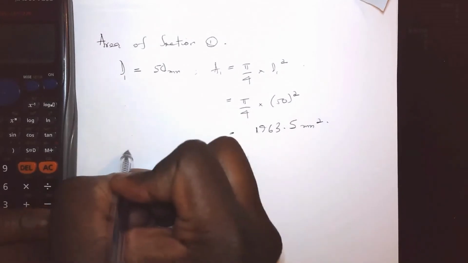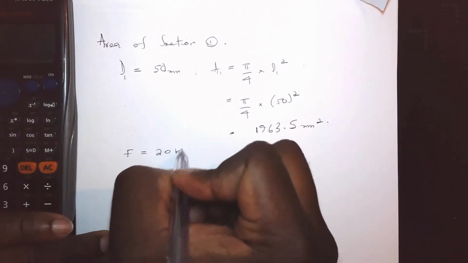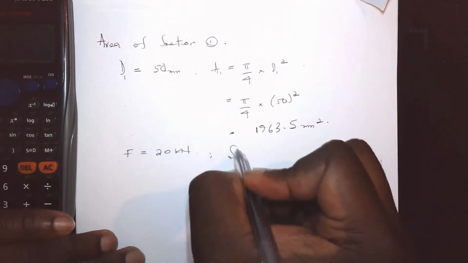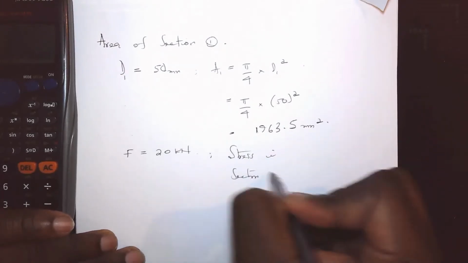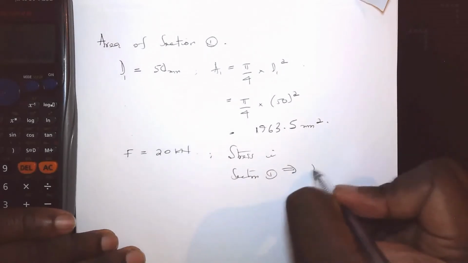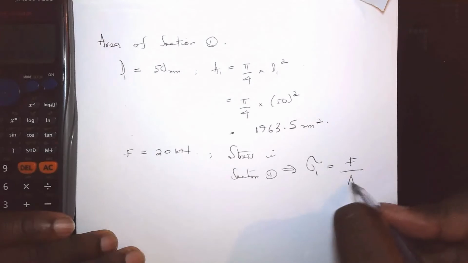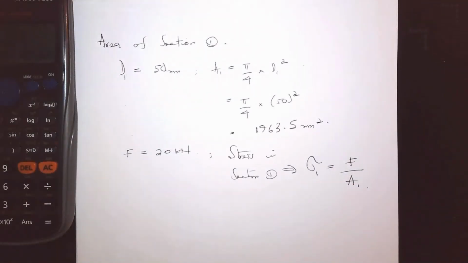We know that the force is 20 kilonewtons, so we can then calculate the stress in section 1, and that would be sigma 1 is equal to F over A1. It's fairly straightforward stuff.